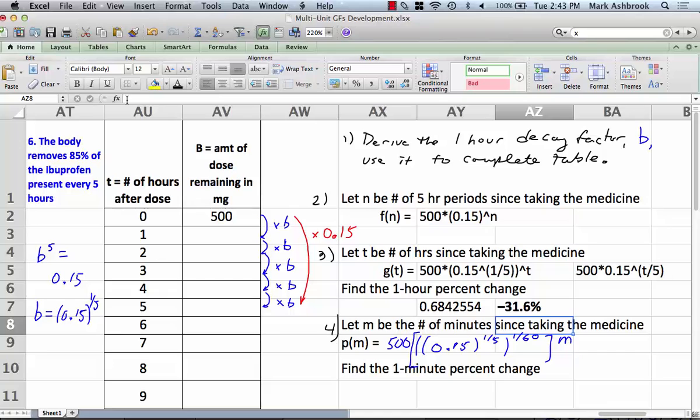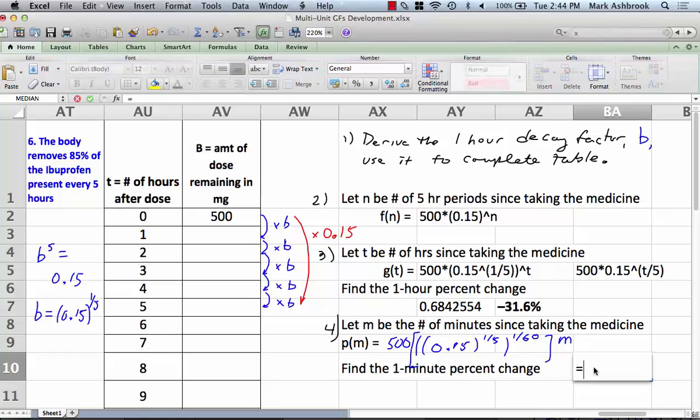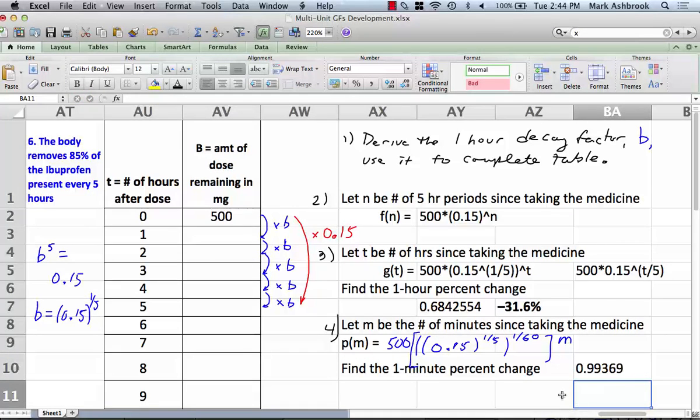Okay, so let's see. Did you get it? Shola, did you get it? So what did you do to get this 1 minute percent change? Okay, so the decay factor is, let's take our 0.684 to the 1/60th. Did you get that? Is that the 1 minute decay factor?